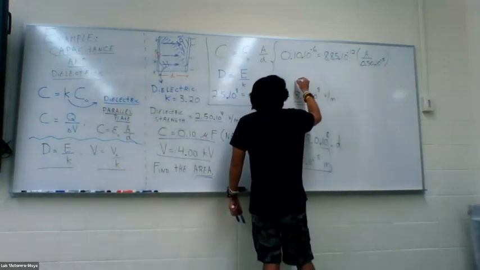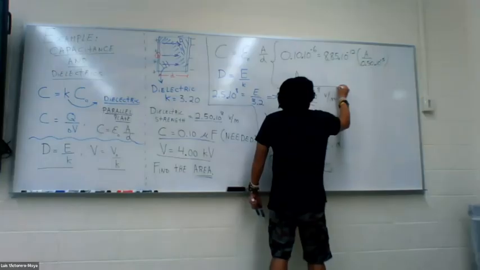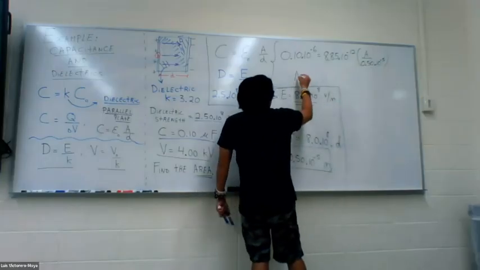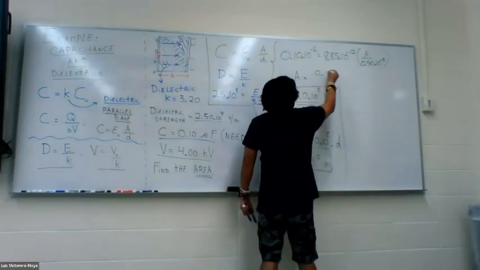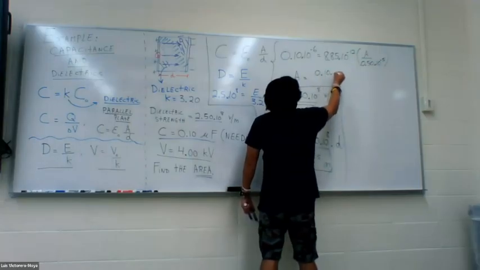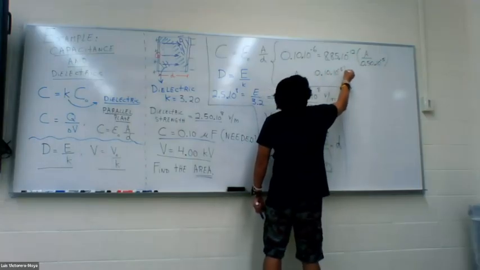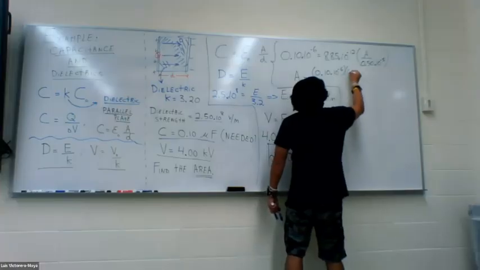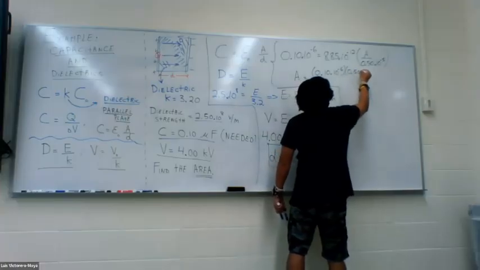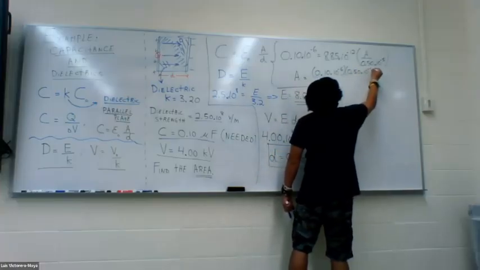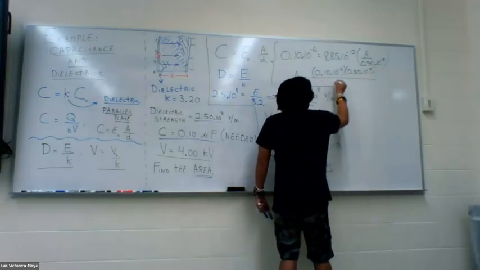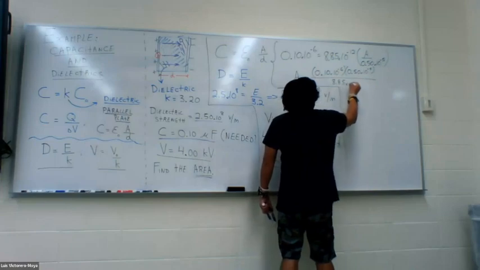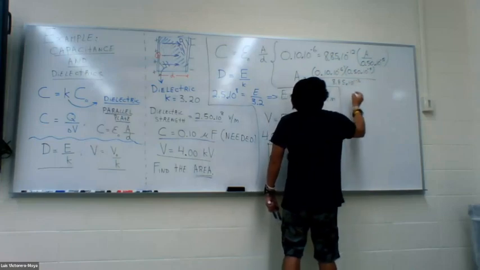Well, let's see also the math here. Area equals 0.10 times 10 to the negative 6 multiplied by 0.50 times 10 to the negative 5 divided by 8.85 times 10 to the negative 12.